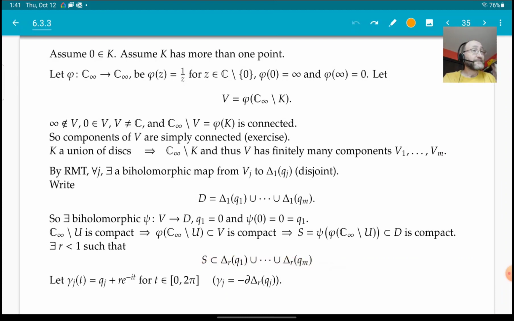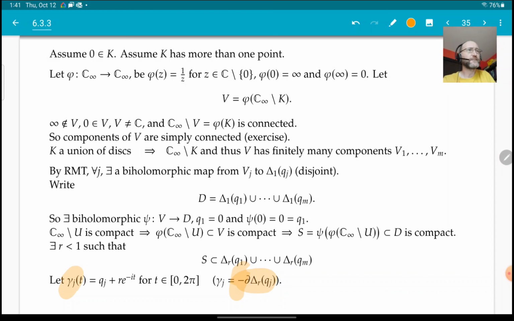So this is that circle, going in the other direction. We're going to let these gamma j's be these circles. They're really going to be minus, this is the cycle algebra minus, where we're reversing the orientation, reversing the direction of gamma.